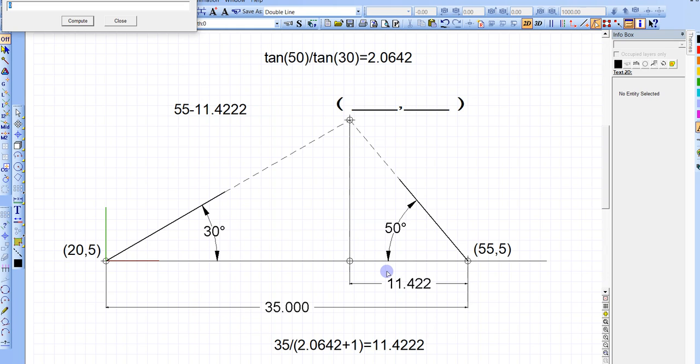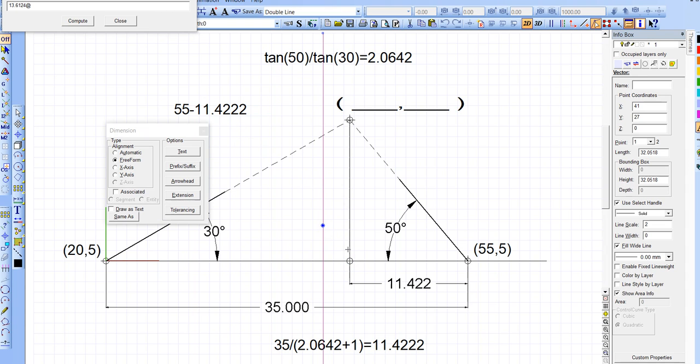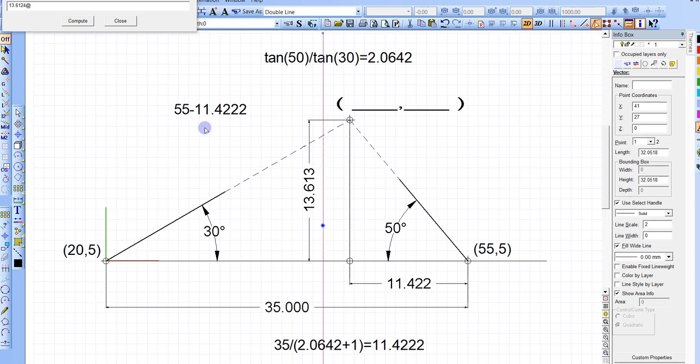So h over that would be tangent of 50 times 11.42. 50 times 11.4222, enter, and you get 13.6142. You get this 6142, right? 6 is rounding up to 3, which is kind of odd. I don't know, but that's how you get that coordinate.